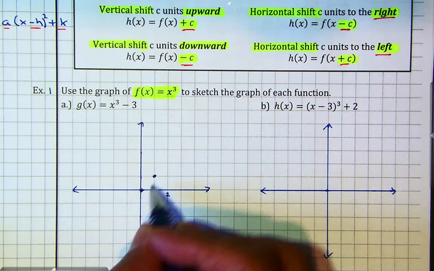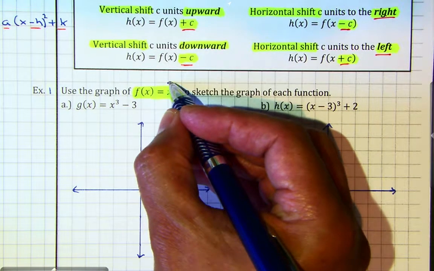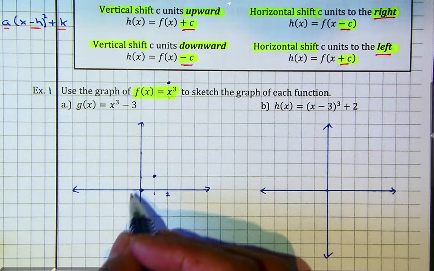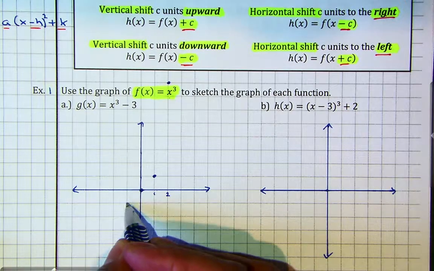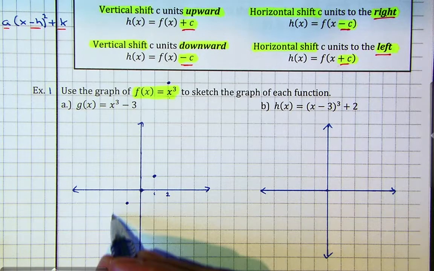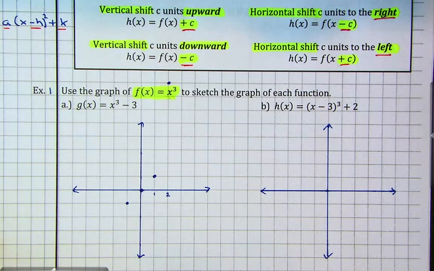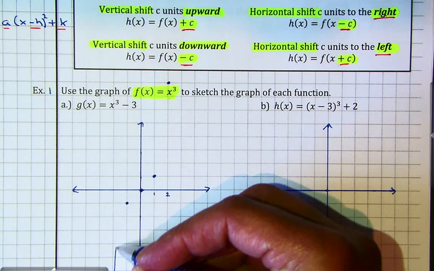Plug in a 2, 2 to the third power will be 8. Plug in a 3 will be 27, too high. Plug in a negative 1 gives you a negative 1. Plug in a negative 2 to the third power will be negative 8. So therefore, this is my parent graph.